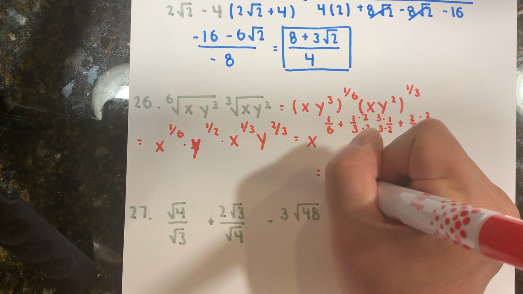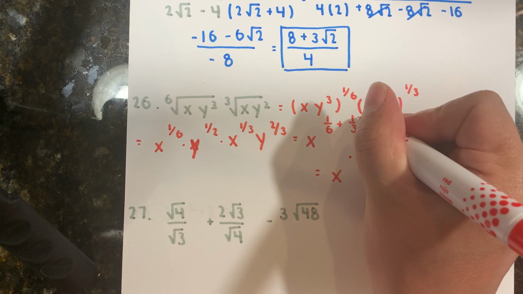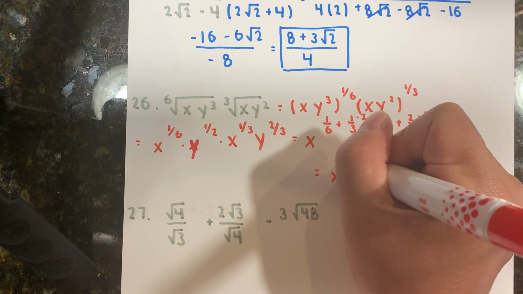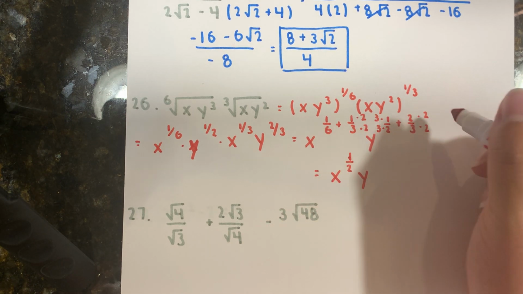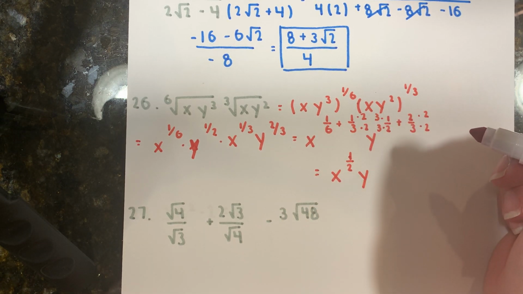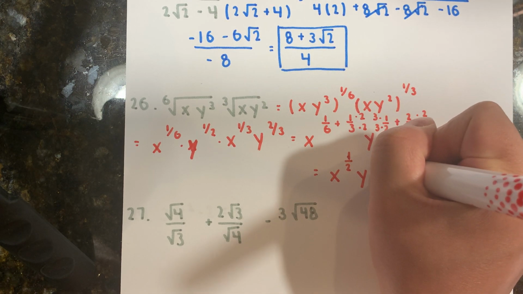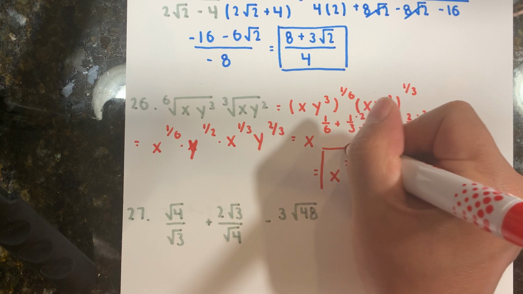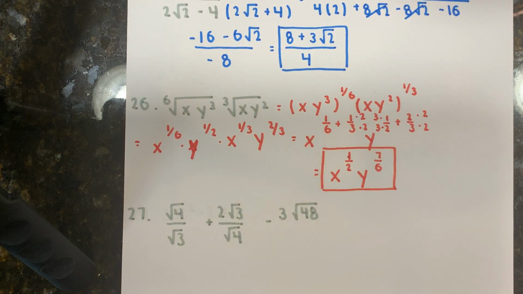So that would give me x to the 2 plus 1 would be 3, over 6, so that would be 1/2. And then y to the 3 over 6 plus 4 over 6 would be 7 over 6. So my answer would be x to the 1/2 y to the 7 over 6.